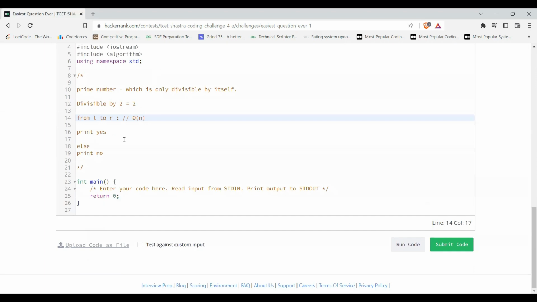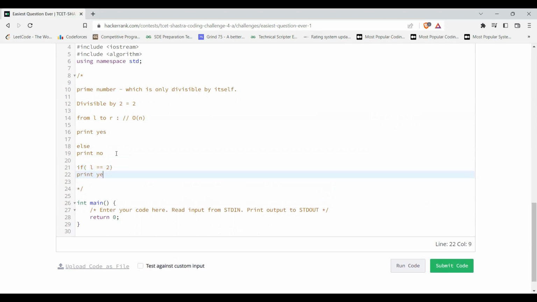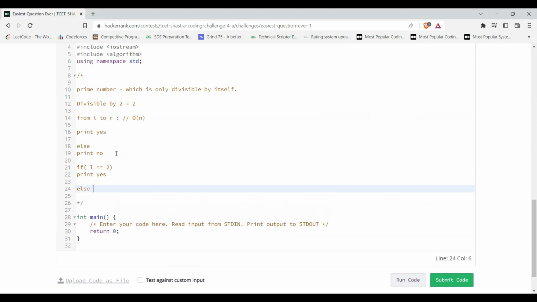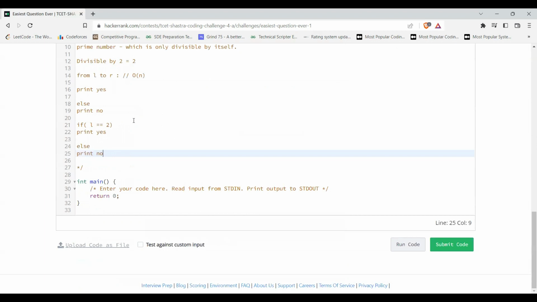So why don't we do this: only if L is equal to 2, then print yes, else we'll print no. So we can solve this question in just O of 1.